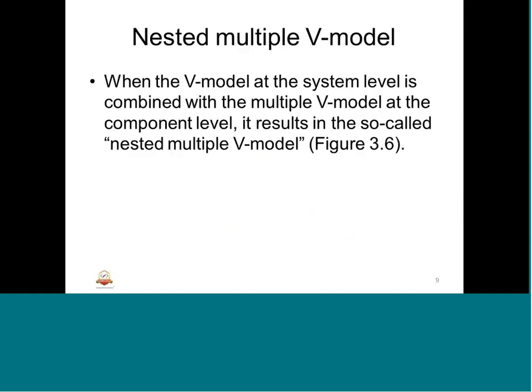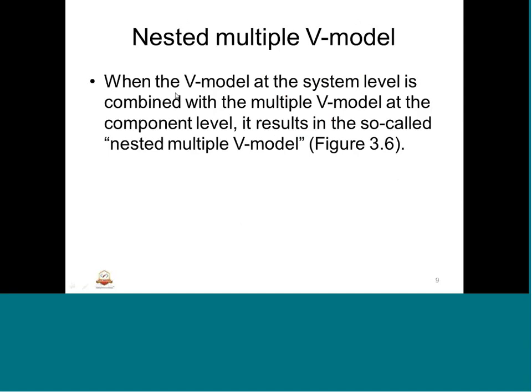Okay, the next one is nested multiple V model. We have studied about a V model, we have studied about multiple V model, then another term called nested multiple V model. The name itself tells the multiple models are nested basically.